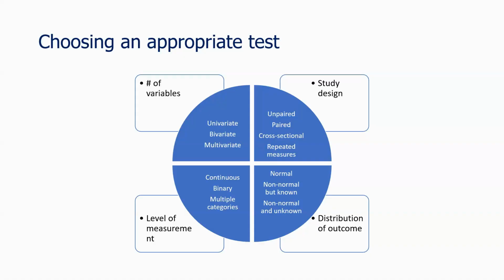So these are the four key things that can help you, once you've converted your research question into a testable hypothesis. These can be your guidelines as to how you start thinking about what test you can choose.